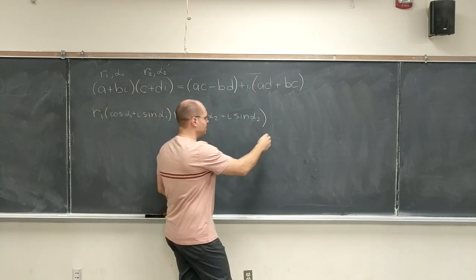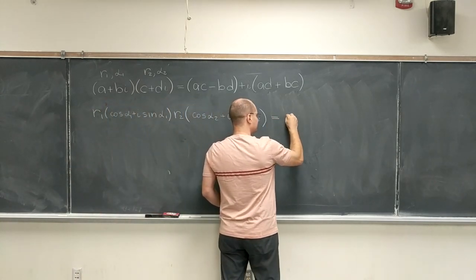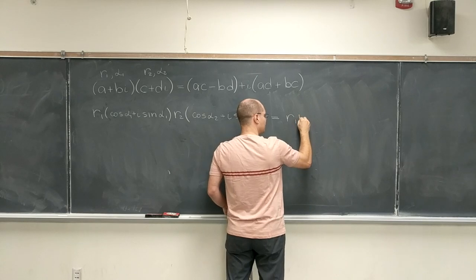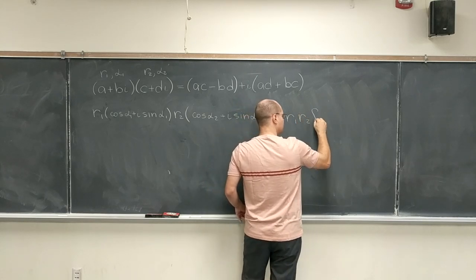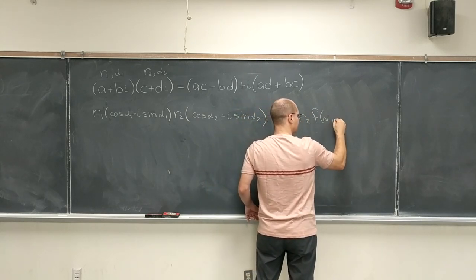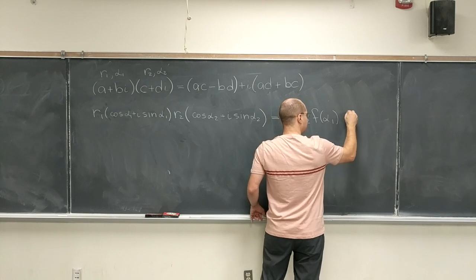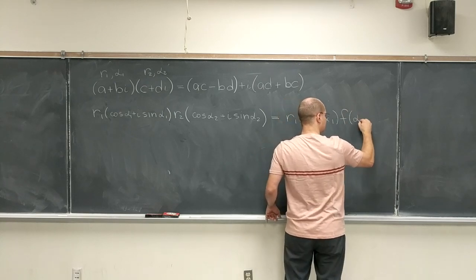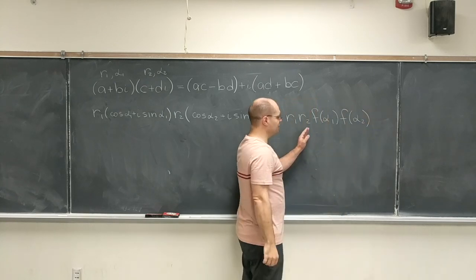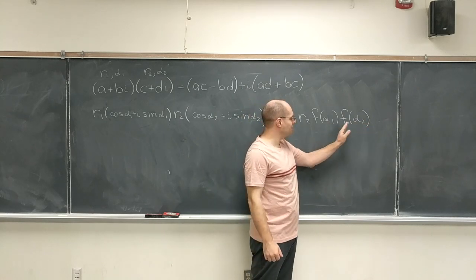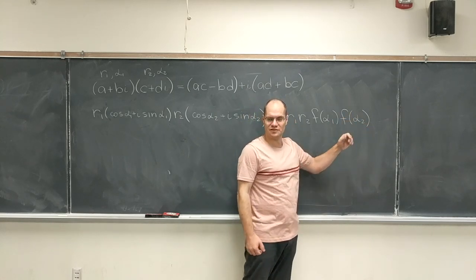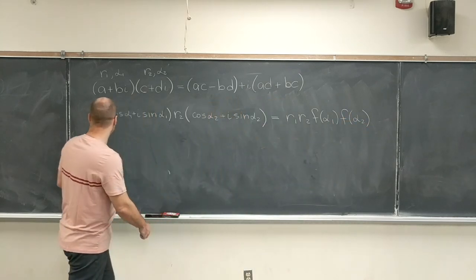That's sort of more compact, but I think it's good to see that intermediate step, and I'll group things like this: R1, R2, f of alpha 1 times f of alpha 2. And for this product, we've already established a formula that's f of alpha 1 plus alpha 2. That's the breakthrough.